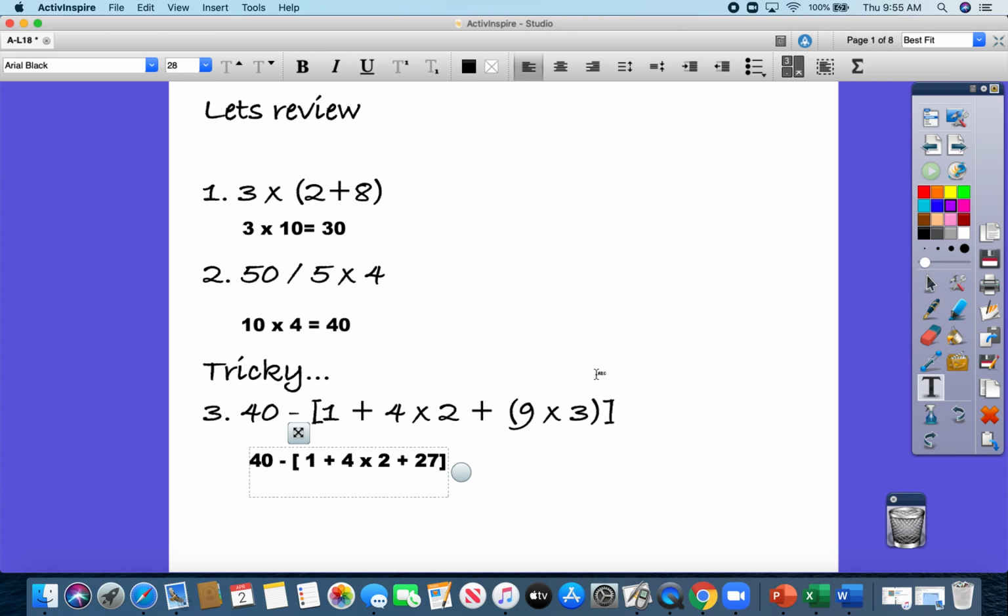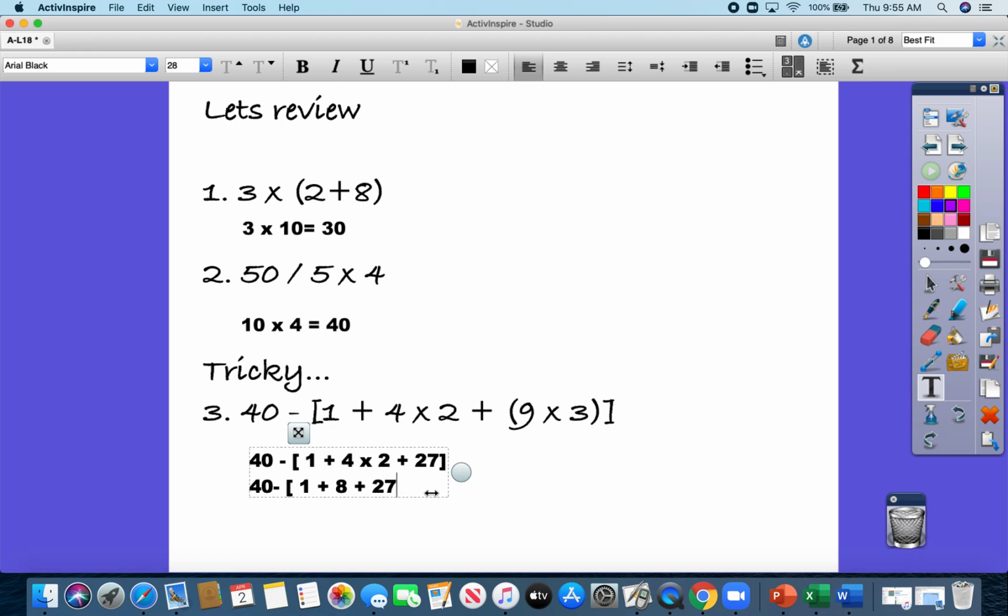Now, I have to look at it again. I have brackets of add, times, and add. Now I have to use the order of operations within the brackets. So now I have to do 40 minus, what am I going to do first? 4 times 2. 1 plus 4 times 2 is 8 plus 27. Sorry, friends, I just realized that was wrong.